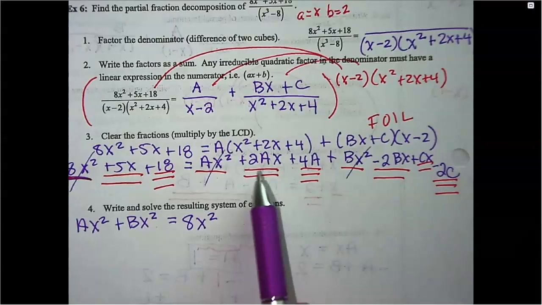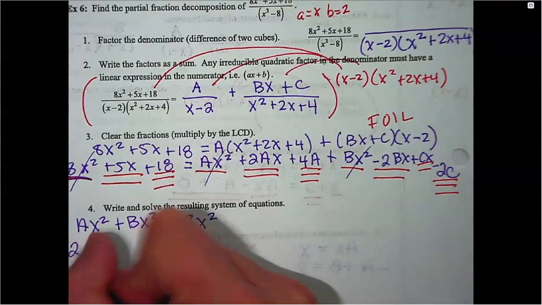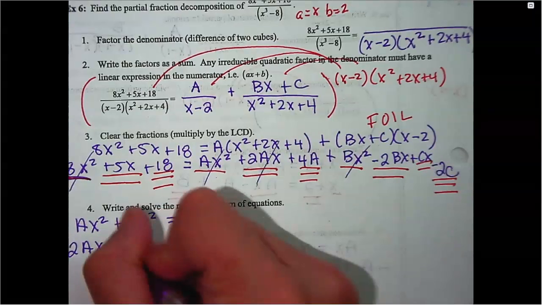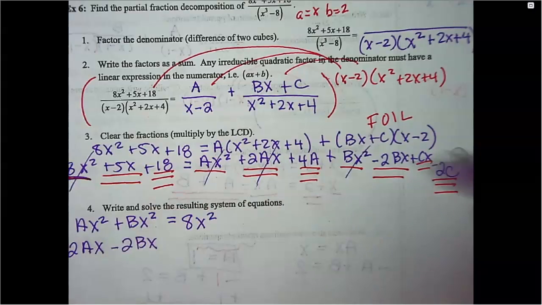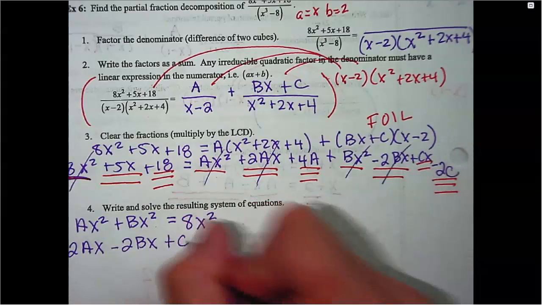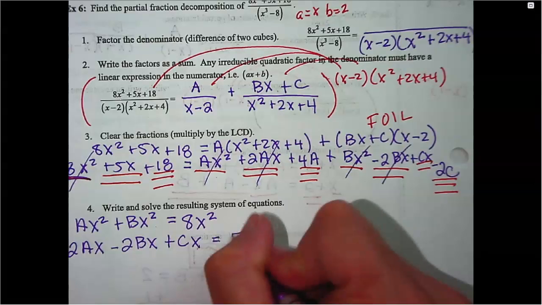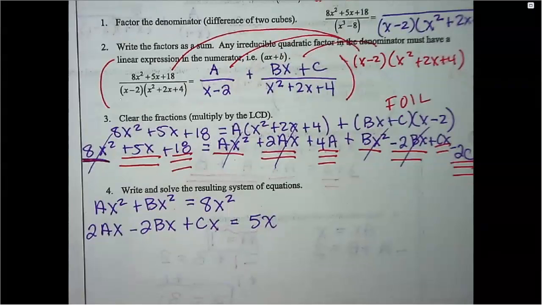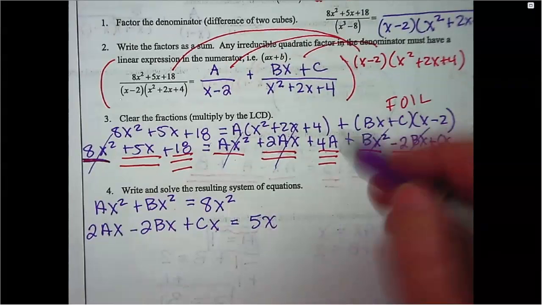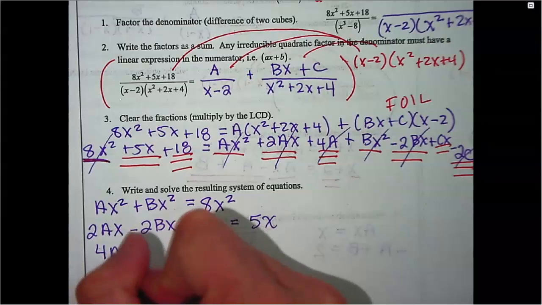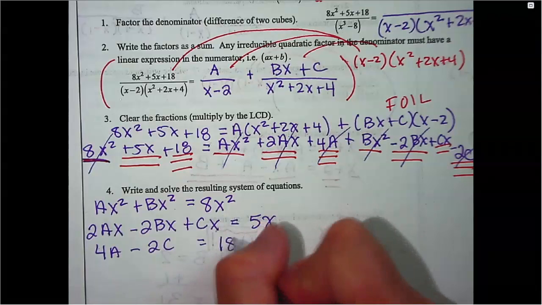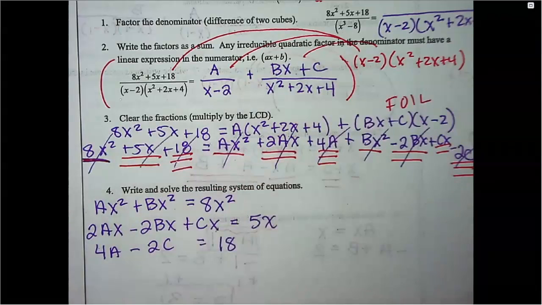I have 2ax. I have negative 2bx. And I have plus cx is equal to 5x. And last equation. 4a subtract 2c is equal to 18, right? Did we get everything? I hope. Yep, I think you got everything.